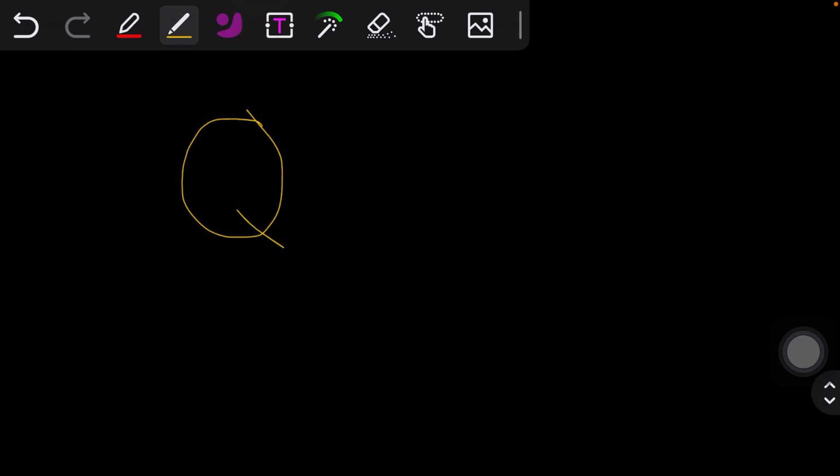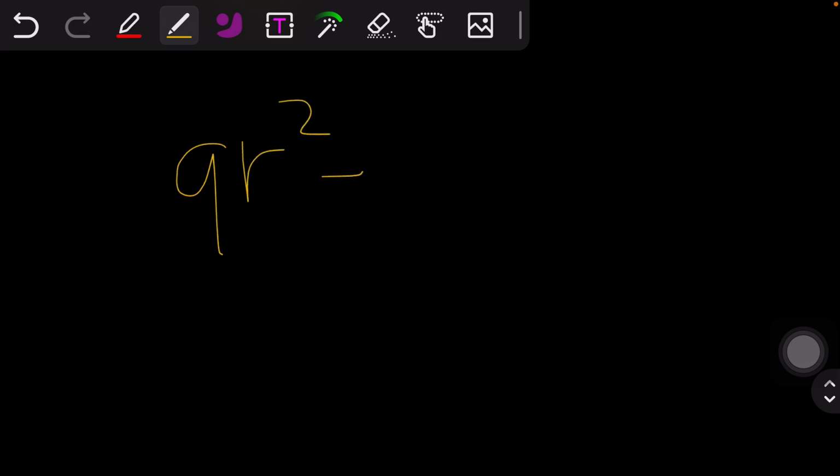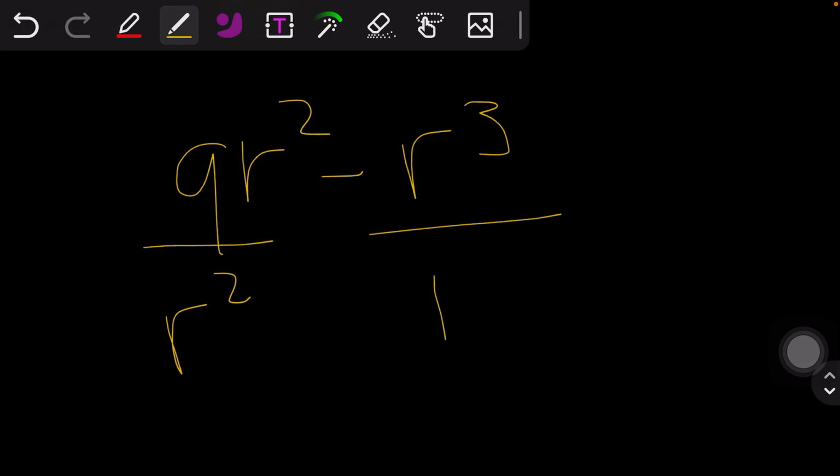Let's do q r squared minus r to the third. Same situation. What do these two terms have in common? They have an r squared inside both of them.